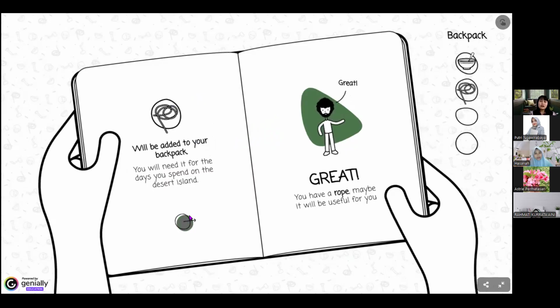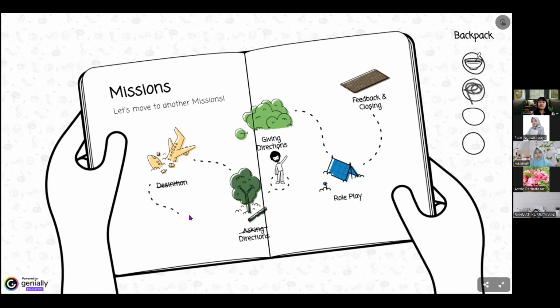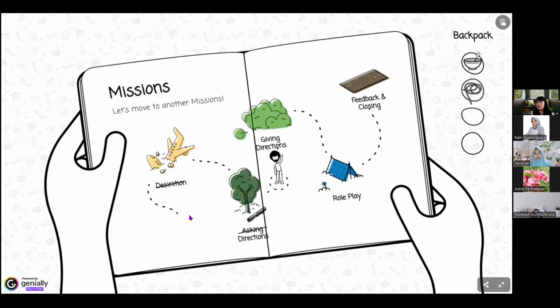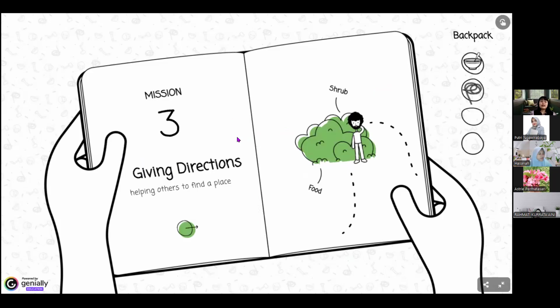Okay, we continue to the third mission. We already know the definition. We already know asking direction. And then the third mission, we will learn about giving direction. Giving direction means helping others to find a place.